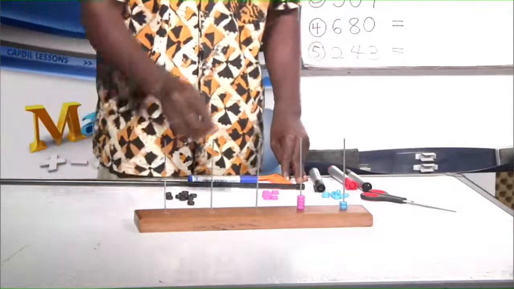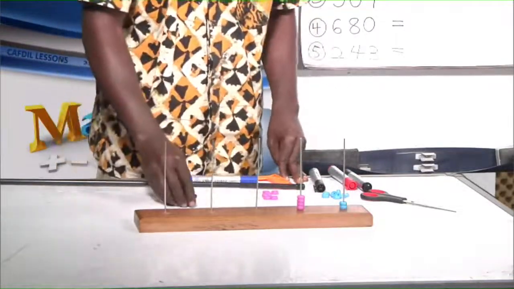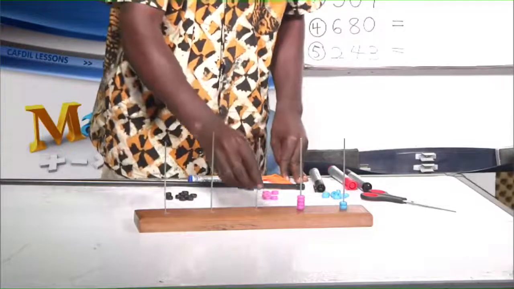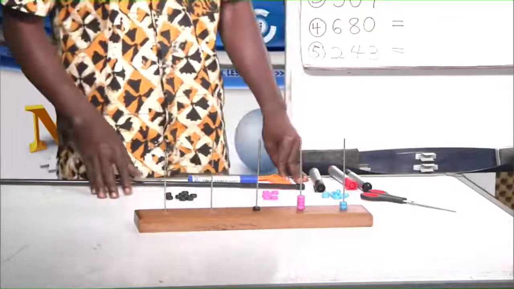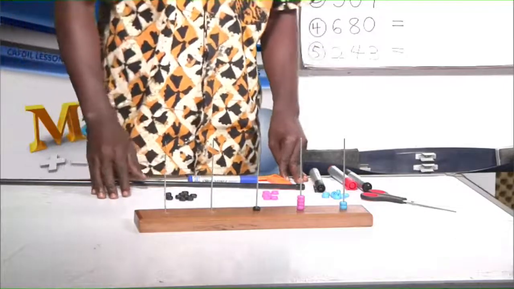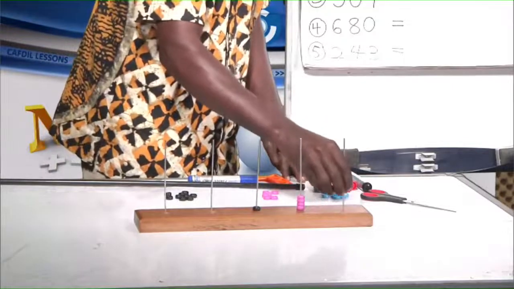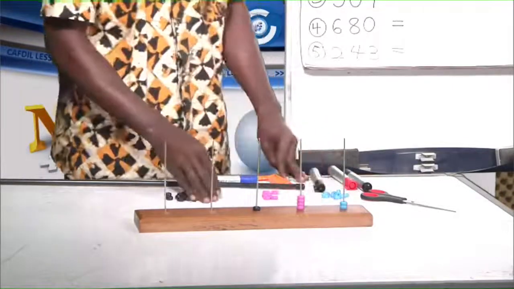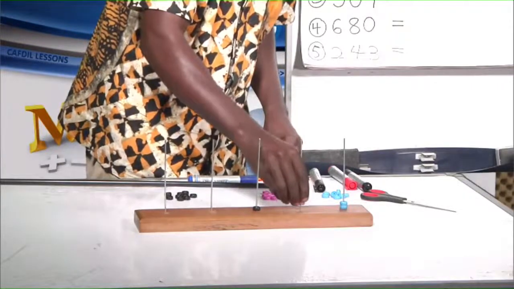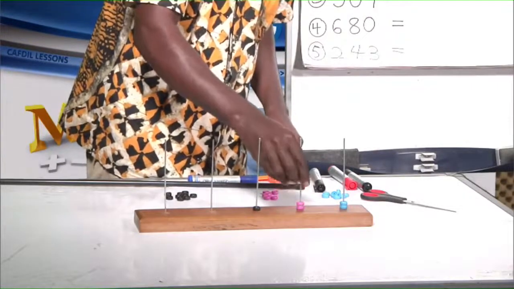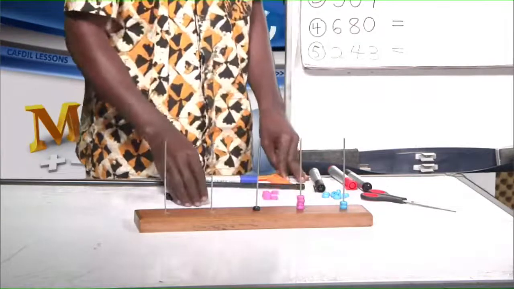Alright, let's come to the hundreds column. We have only 1. So 1 under the hundreds column. Now, ones column we have 1, 2. Tens column we have 1 ten, 2 tens, 3 tens, 4 tens.